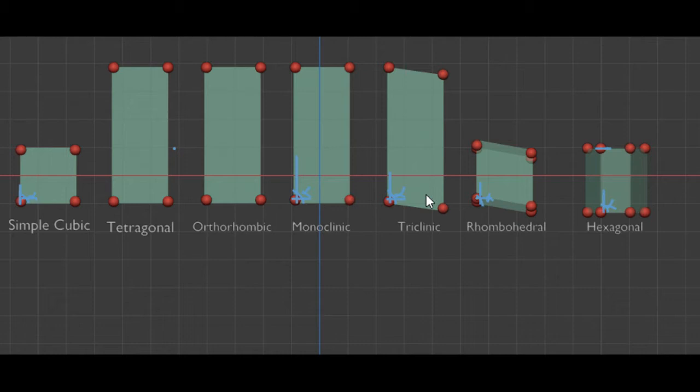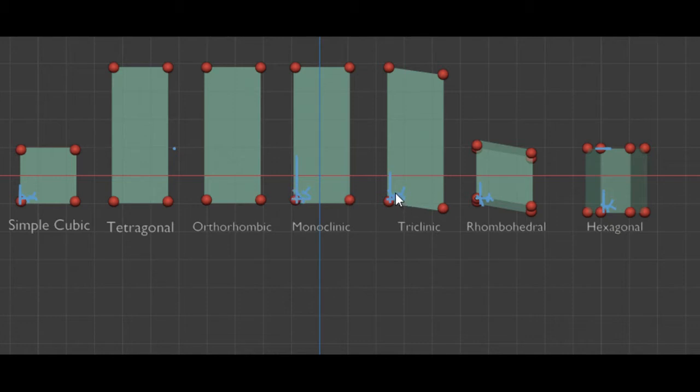However, what is the difference between monoclinic and triclinic? Here none of the angles is 90 degrees. Here two angles were of 90 degrees and one angle was different. So mono means one. So one angle was different here.